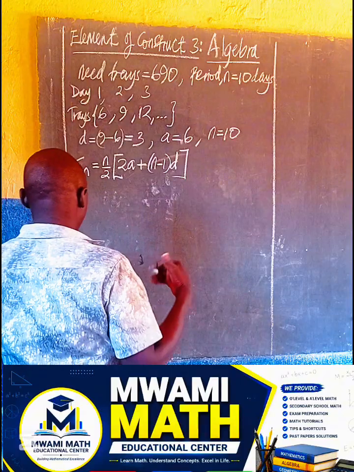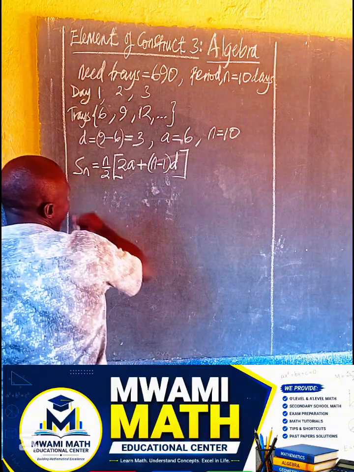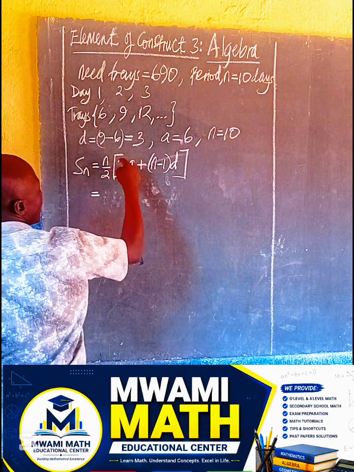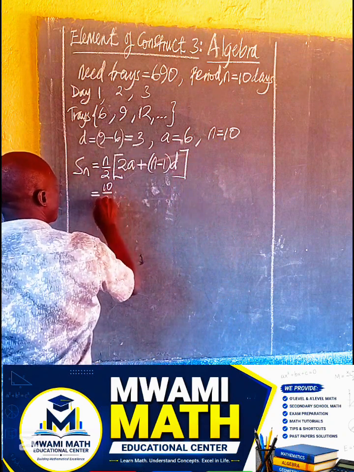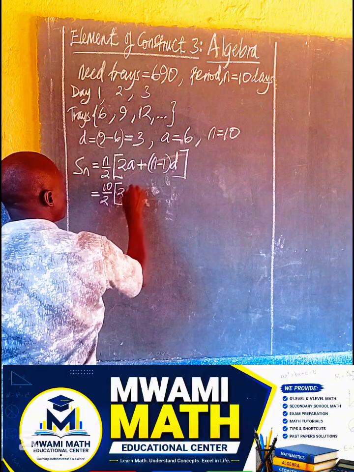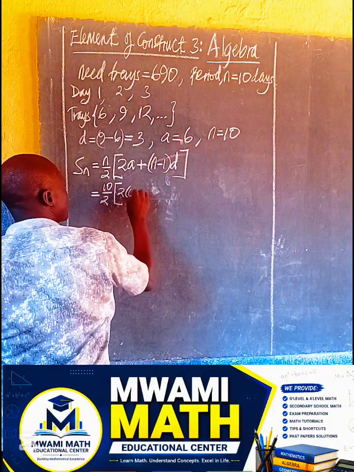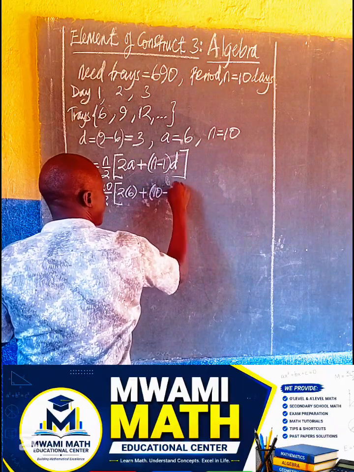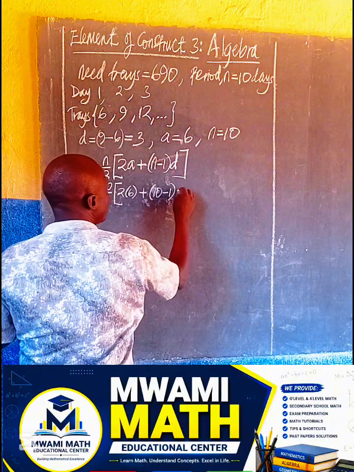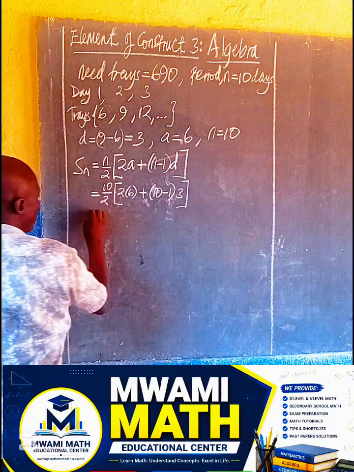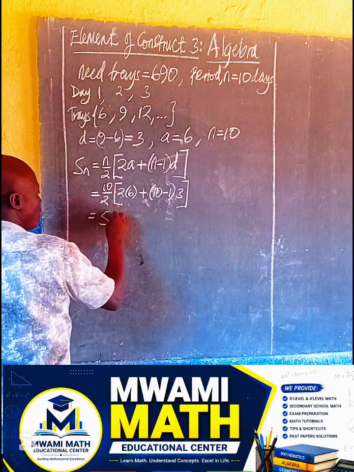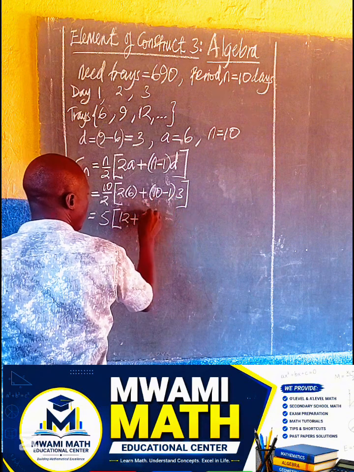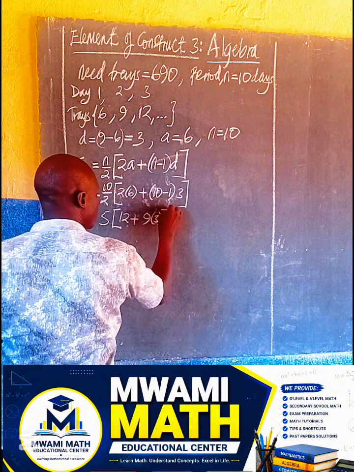So we shall substitute and get the total number of trays that will be produced in the 10 days. What's our n? n is 10 over 2 into twice a. What's our a? a is 6 plus, what's our n? n is 10 minus 1. What's our d? Common difference is 3. So from here we shall have 10 over 2 is 5, into 2 times 6, 12, plus 10 minus 1, 9, into 3.